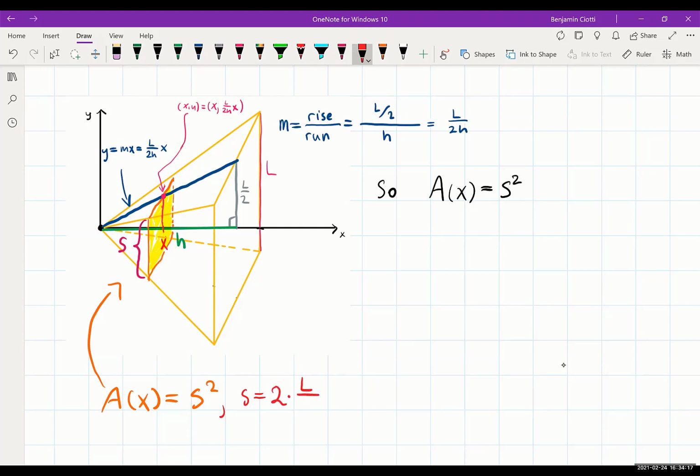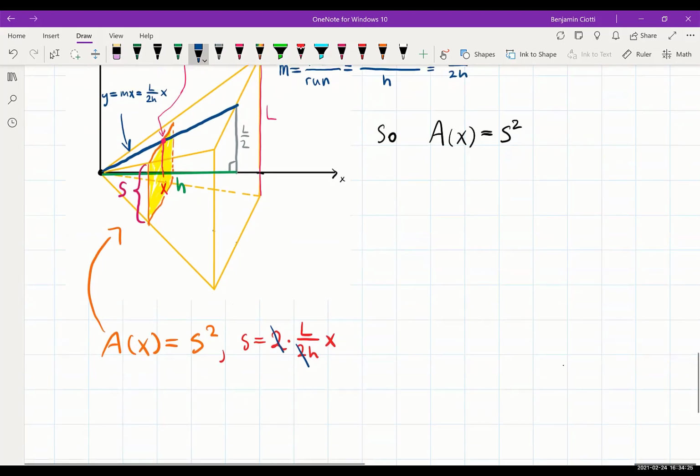So I can actually cancel a factor of 2 here. So S is L over h times x.